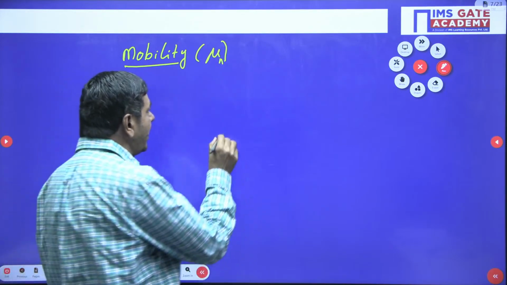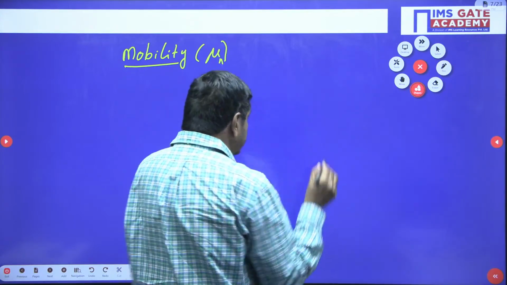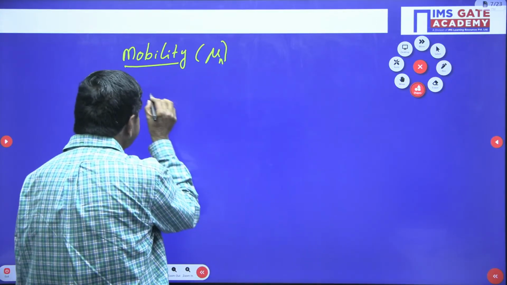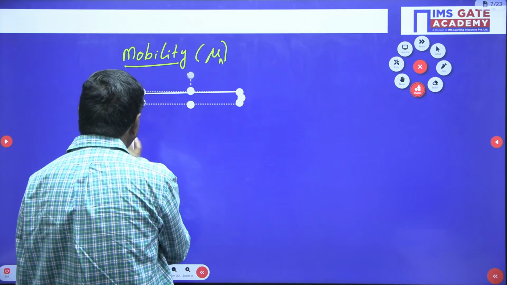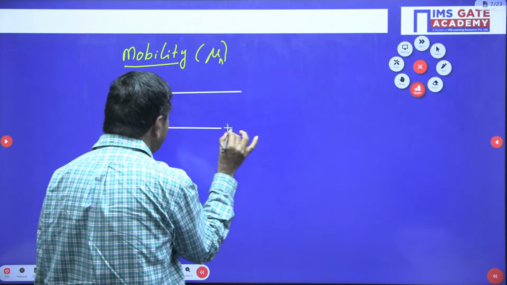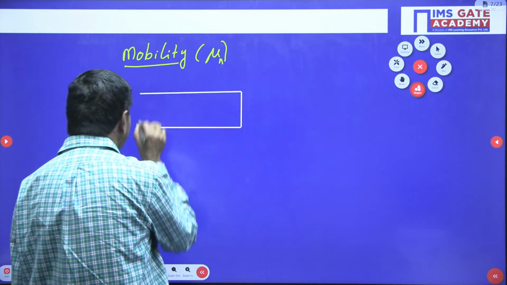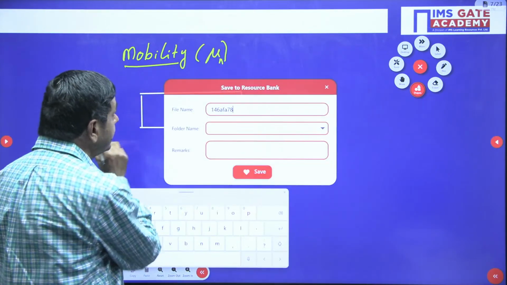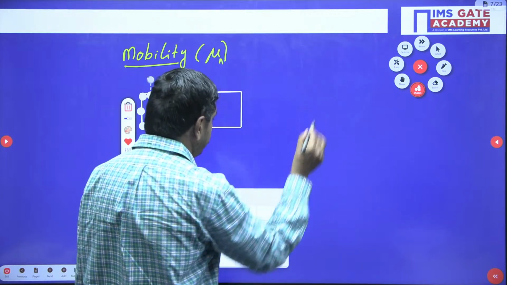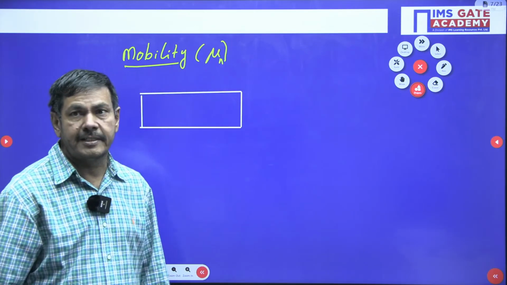For example, I selected one conductor like this. This is one of the conductors.